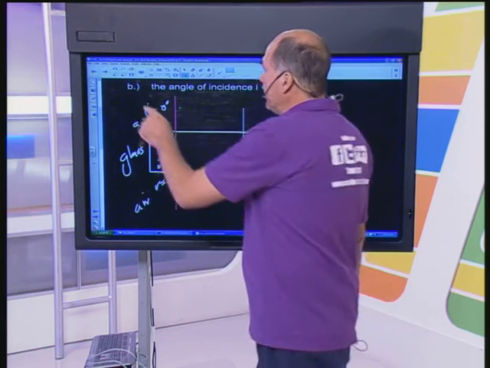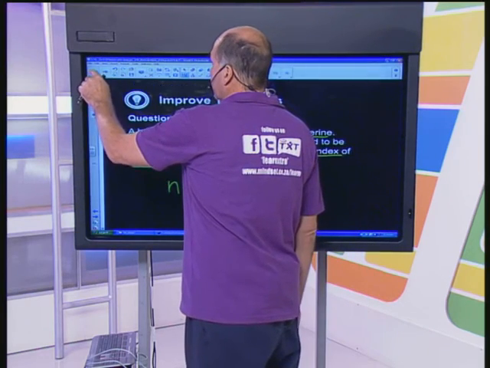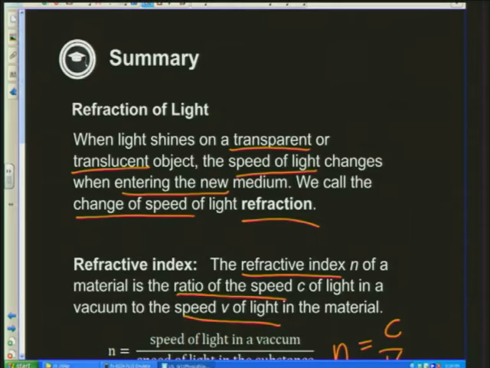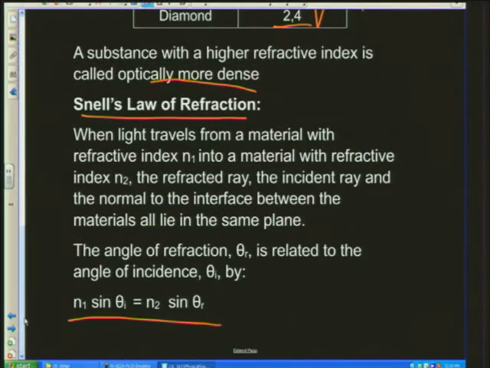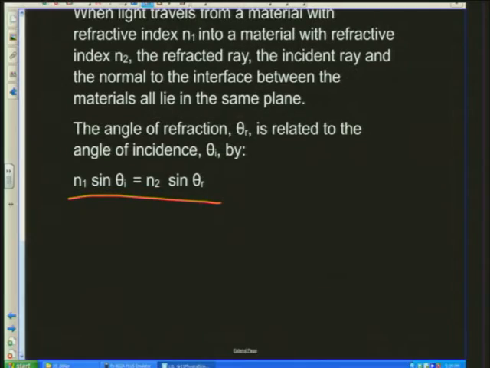I want to just point out Snell's law to you because we had it a little bit further back, and I want to remind you of it, where we said Snell's law says this: the refractive index of the first substance times the sine of the incident angle is equal to the refractive index of the second times the sine of the angle of refraction.